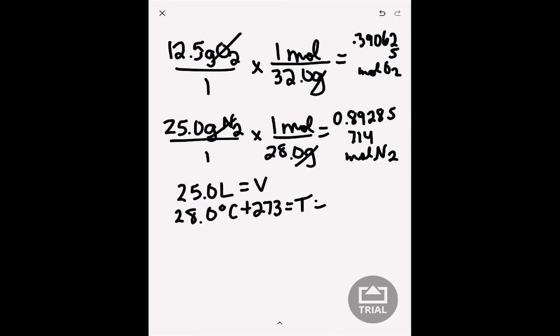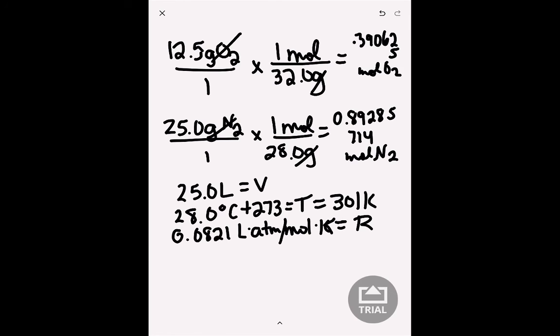So 28 plus 273 is 301. And obviously here we're going to be using PV equals nRT. Again, I just like the atmospheres better, so we know then that we're going to use 0.0821 liter atmosphere per mole Kelvin as our R.